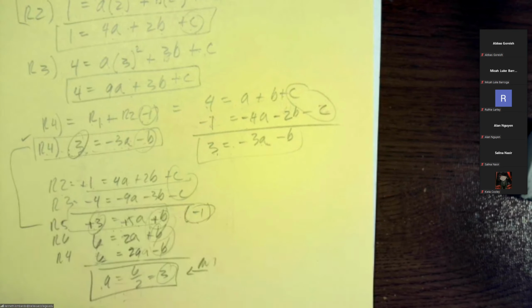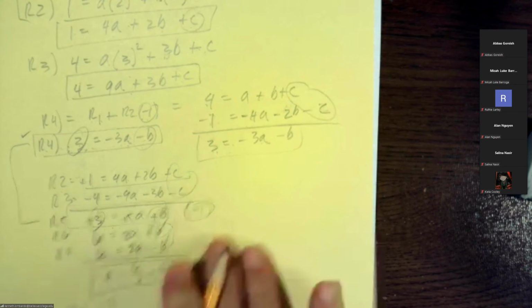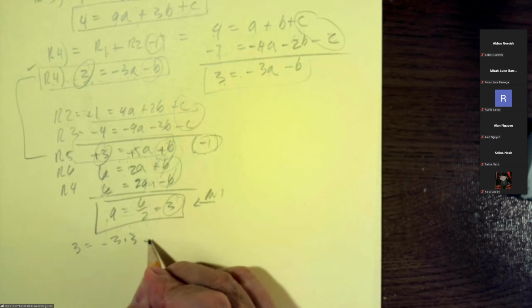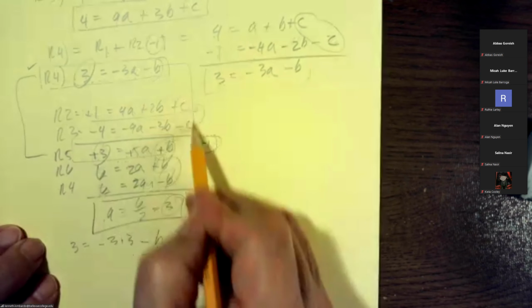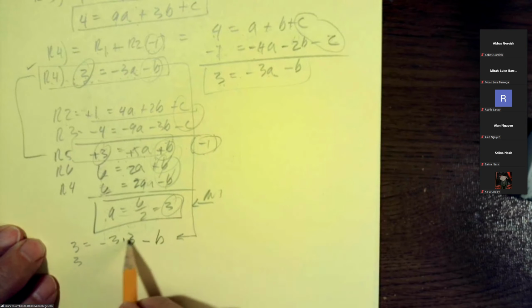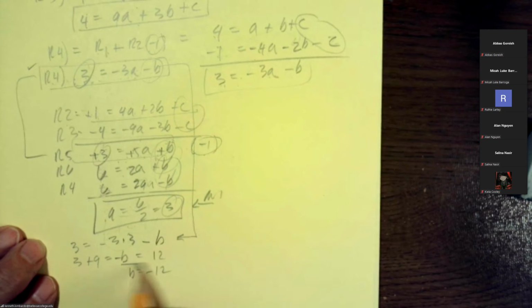So we said, if we substitute, we say 3 equals -3, and we'll substitute 3 for A minus B. So this is 3, and this is 9. So that's +9 equals -B. -B equals 12, or B equals -12.